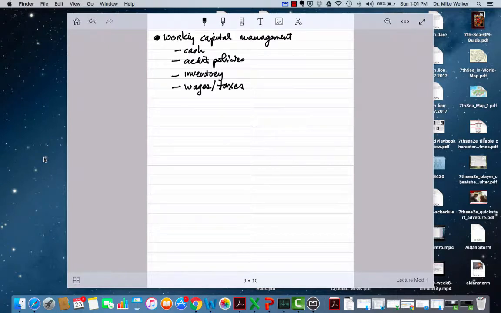Treasury managers are especially focused upon the working capital management decisions. Now, the net working capital idea is key to examining the health of a firm. You've got to know this equation. Net working capital is the current assets minus the current liabilities.